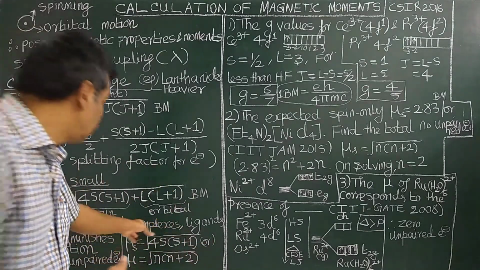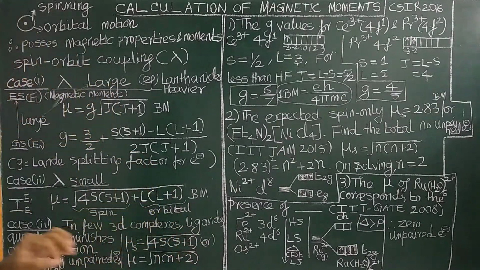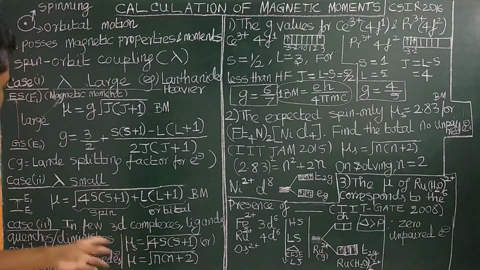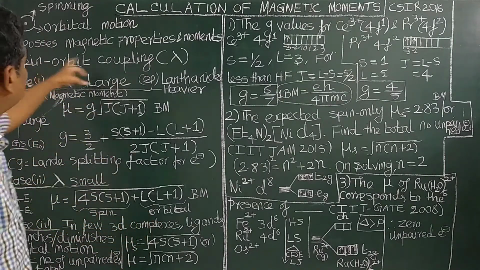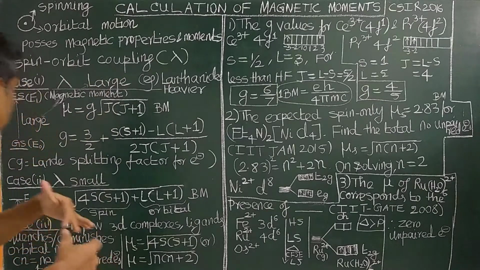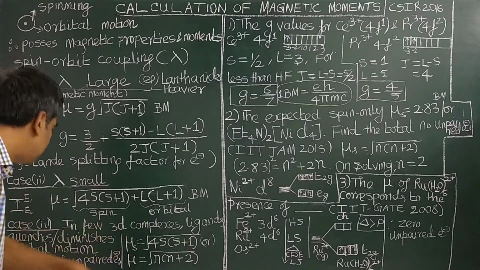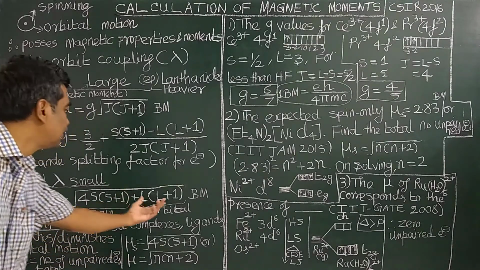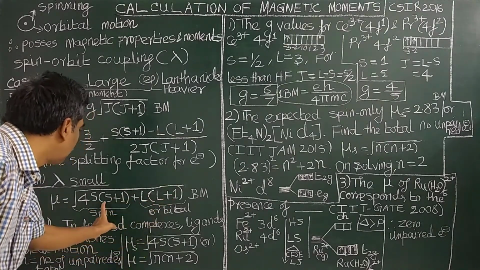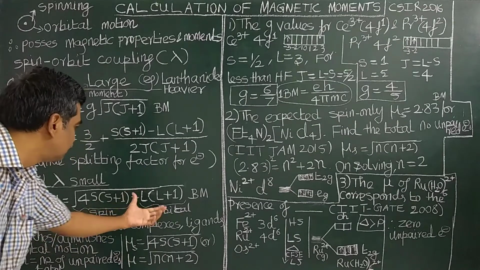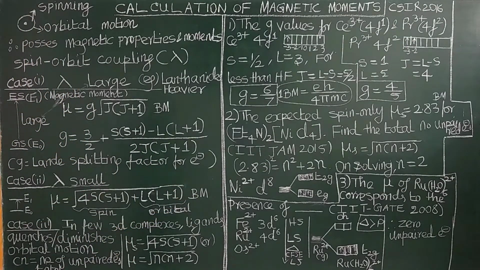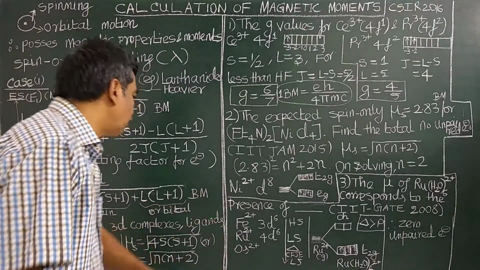So in certain 3d complexes, due to binding, the orbital motion of the d electron is quenched or diminished. Therefore, this is negligible, because the orbital motion is removed or quenched by the ligand bonding.